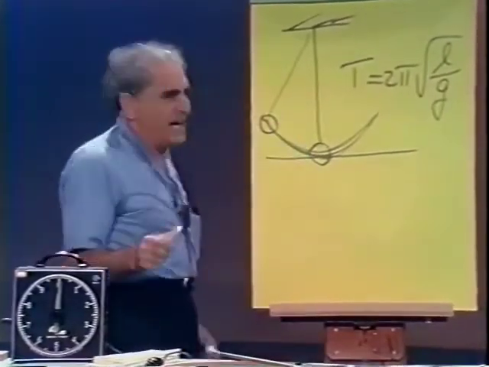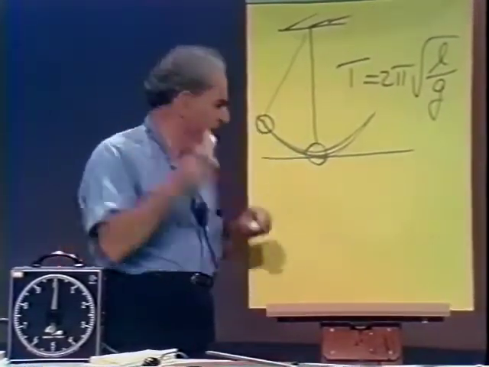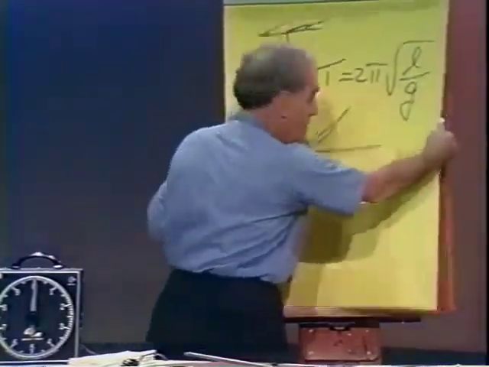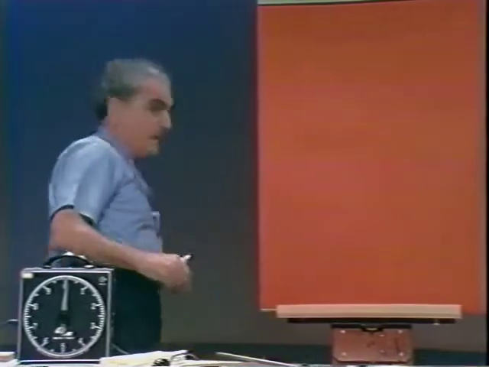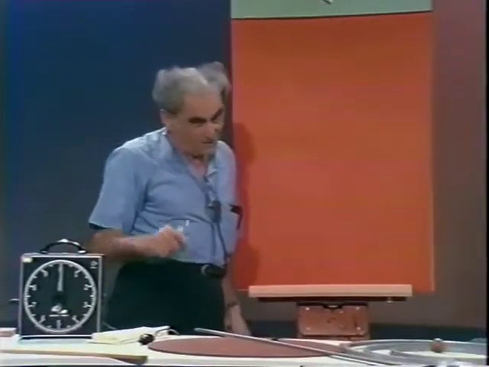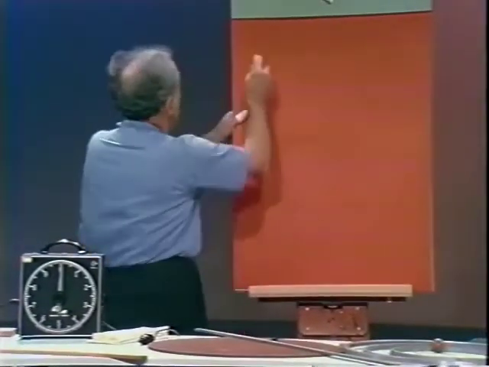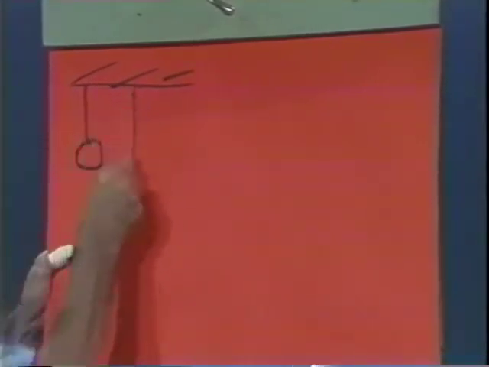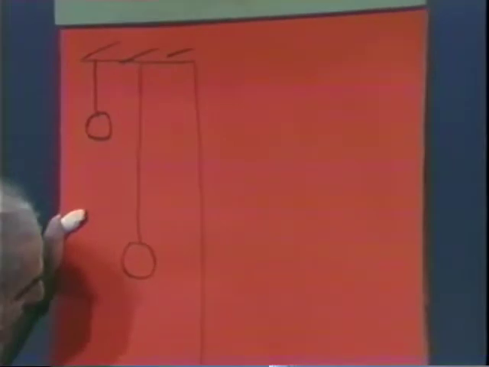Now, I wish to do another pretty experiment with several pendulums. And I suppose maybe we could say pendula. This may be the plural of pendulum. Now, what am I going to do? I am going to hang up 3 of them, as I have them here. 1, 2, 3.